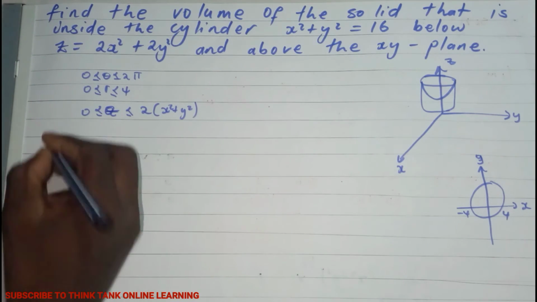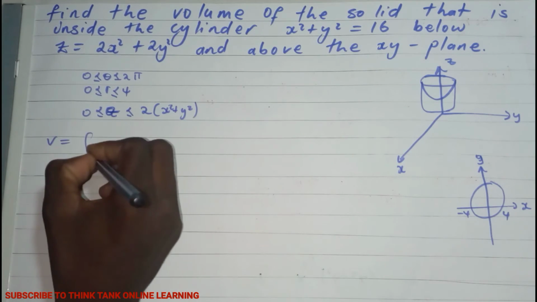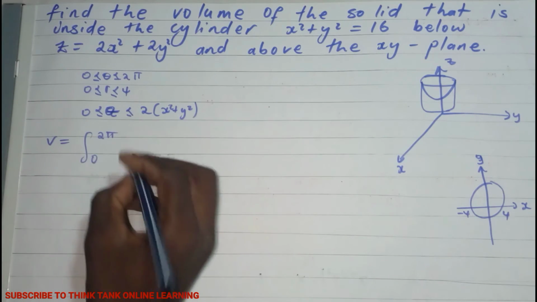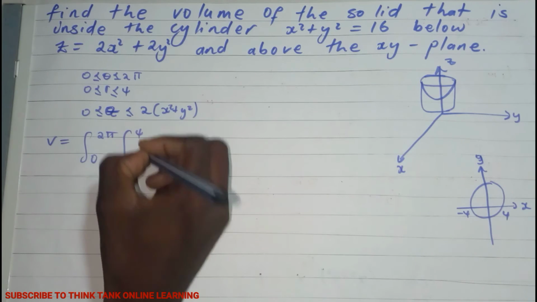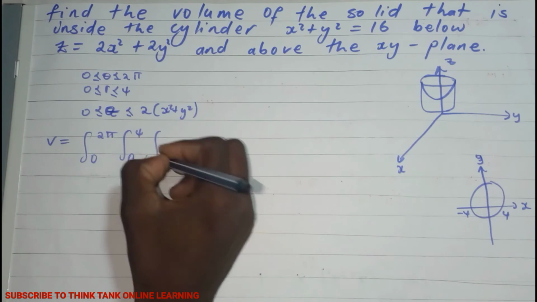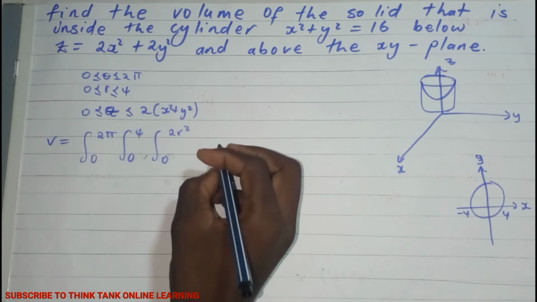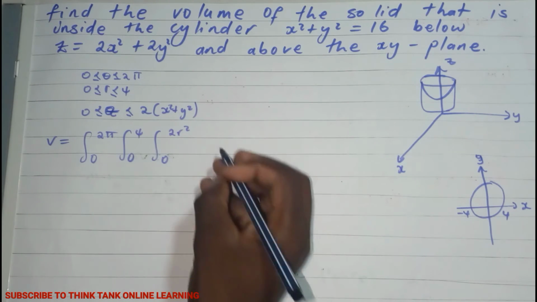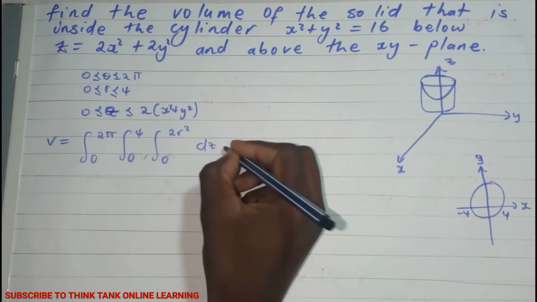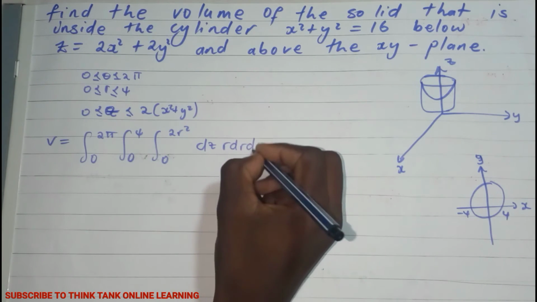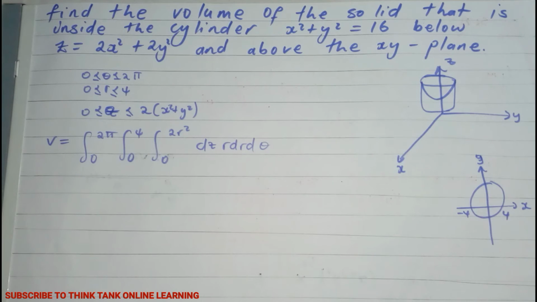So now the volume is going to be 0 to 2 pi for the angle, 0 to 4 for the radius, 0 to 2r squared for the z limits. Then I'm going to say dz r dr d theta.